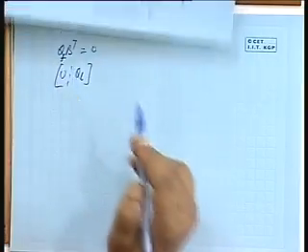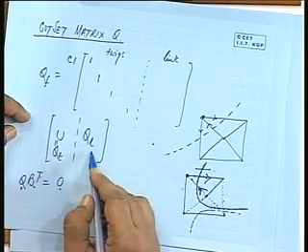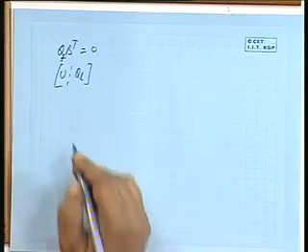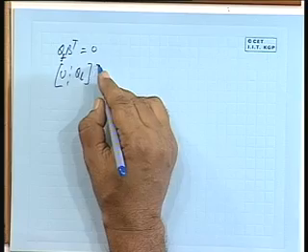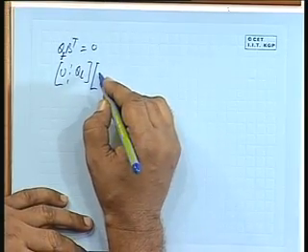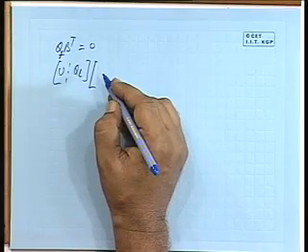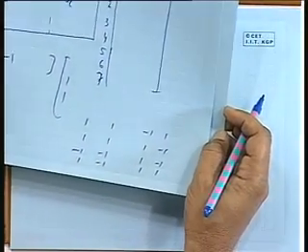If you take the fundamental cut set, then Qt is unity, so I am writing unity into QL. And what was BT? What was BT, if you remember? Yes. How did you write BT? B transpose.